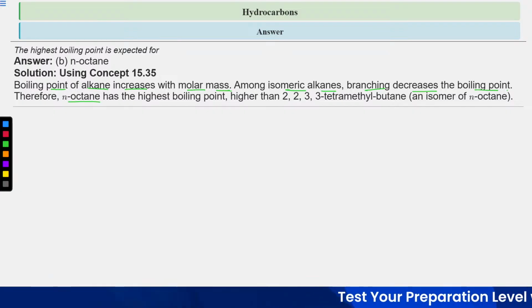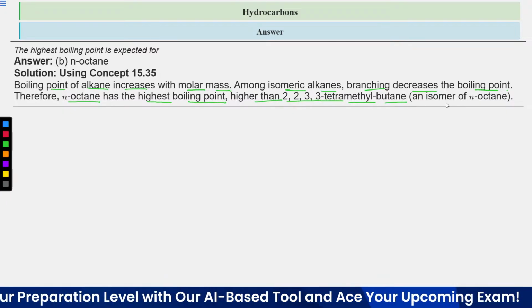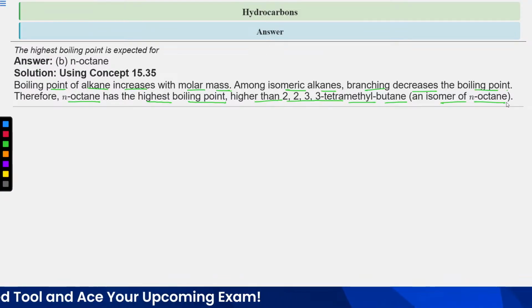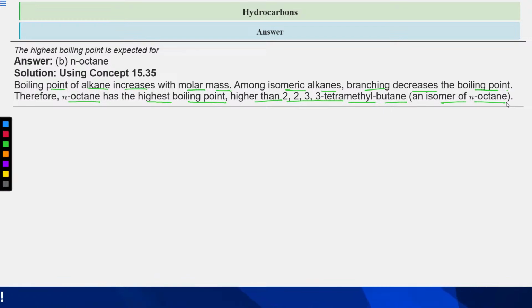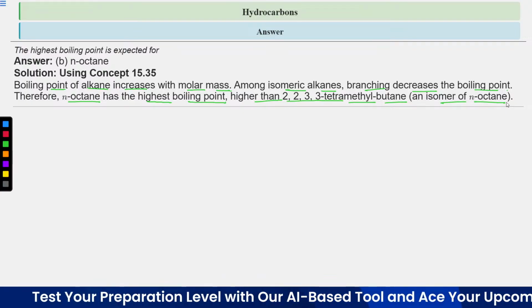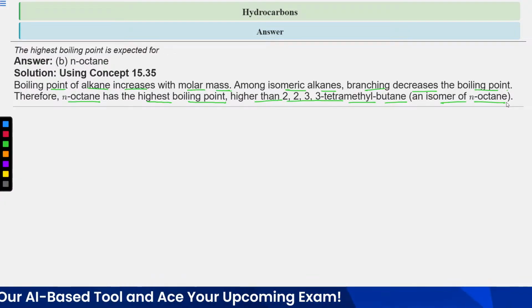Therefore, N-octane has the highest boiling point, higher than 2,2,3,3-tetramethylbutane, which is an isomer of N-octane. Okay, so N-octane and 2,2,3,3-tetramethylbutane are isomers. But N-octane is a single, eight carbon chain with no branch, while 2,2,3,3-tetramethylbutane has four branches and a total of 8 carbons.